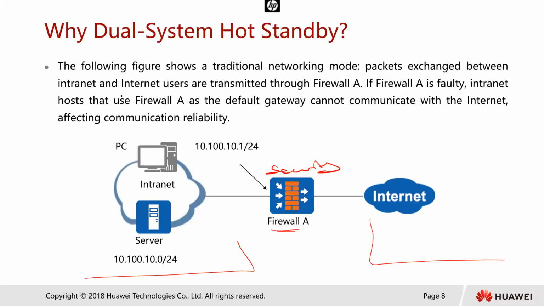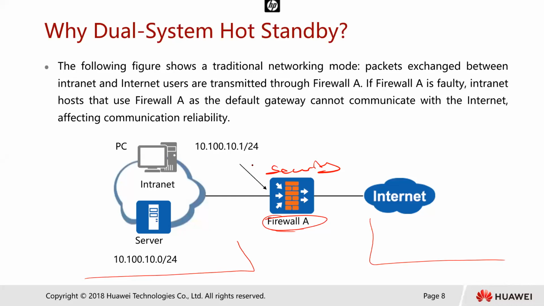Packets exchanged between intranet and internet users are transmitted through firewall A. If firewall A is faulty, intranet hosts that use firewall A as a default gateway cannot communicate with the internet, thus affecting connection reliability.